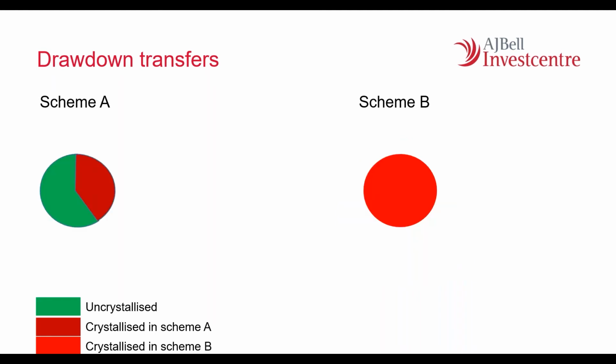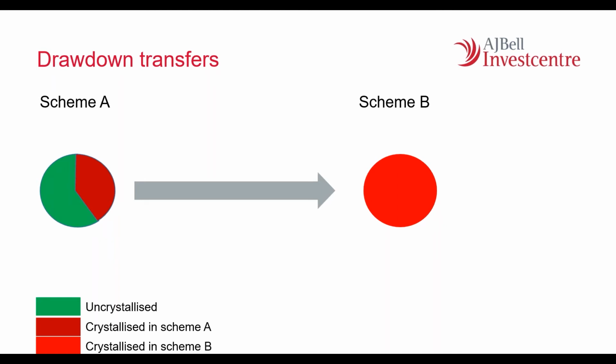Another scenario, again, same starting point as before, but let's imagine at the same time, once you've moved everything across, you want to fully crystallise all the benefits once it's moved across into scheme B. At that point, you have a choice because the uncrystallised transfer is coming across uncrystallised to uncrystallised.